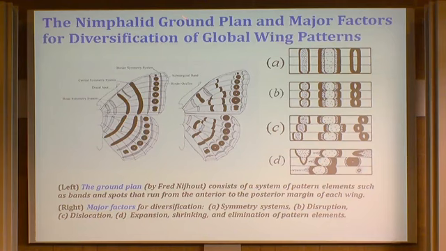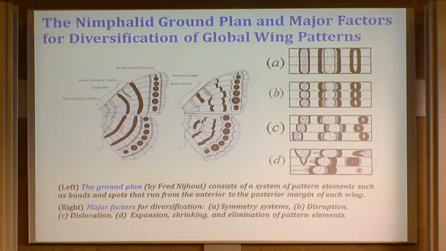And the major factors for diversification of global wing patterns are sketched here. To understand that diversification, first the pattern is a band. Here, this is not a band, but originally a band.